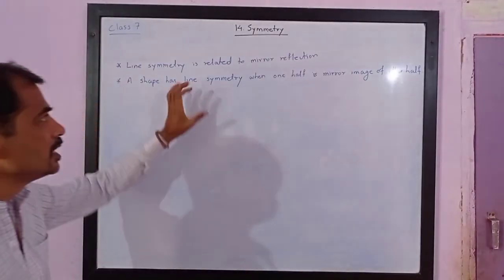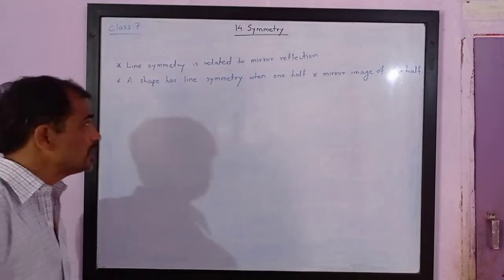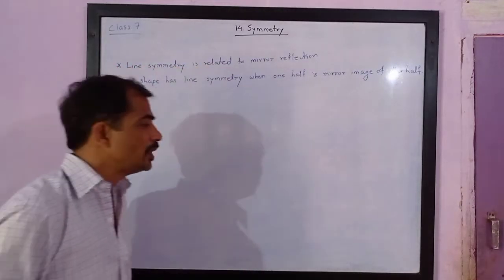We are trying to understand line symmetry. Let us understand it with different words. Line symmetry is related to mirror reflection.